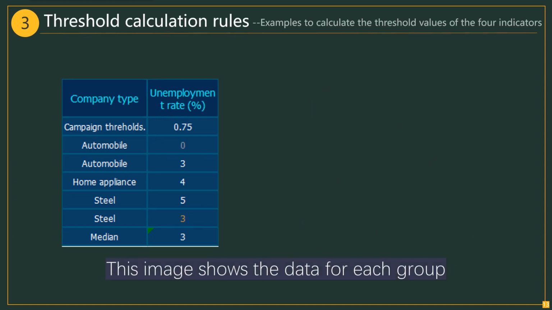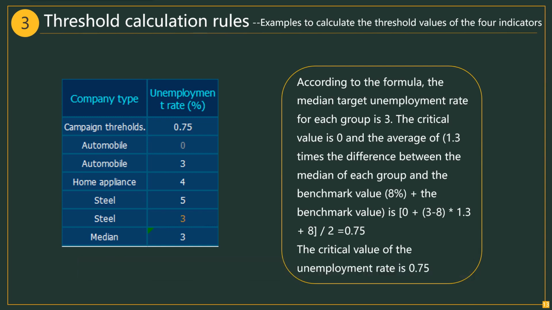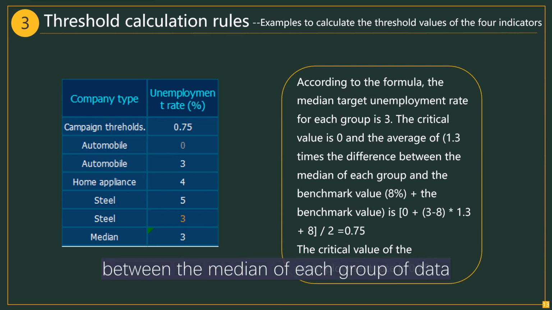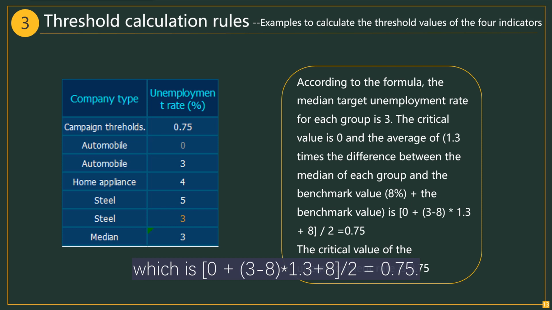This image shows the data for each group of target unemployment rate with a median of 3. According to the rule, the critical value is the average of 0 and 1.3 times the difference between the median of each group of data and the benchmark value, 8%, plus the benchmark value, which is 0 plus (3 minus 8) times 1.3, plus 8, divided by 2, approximately equal to 0.75.